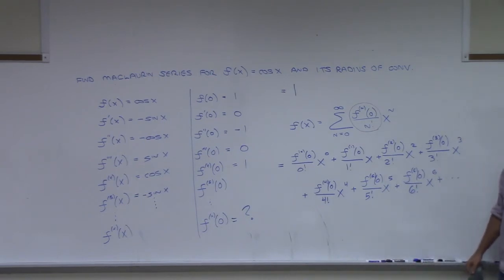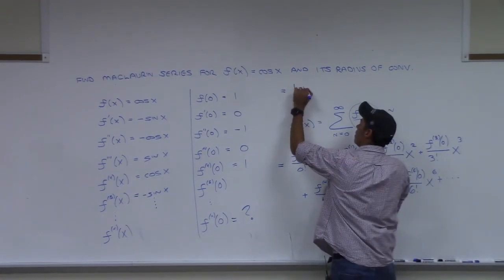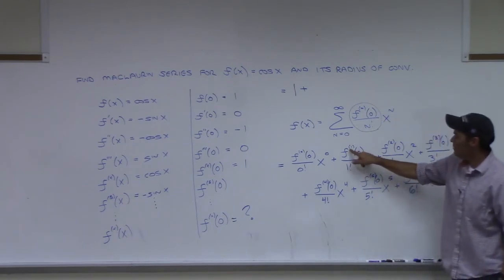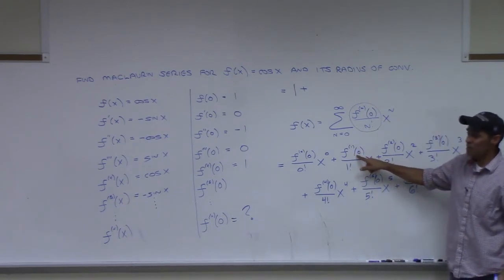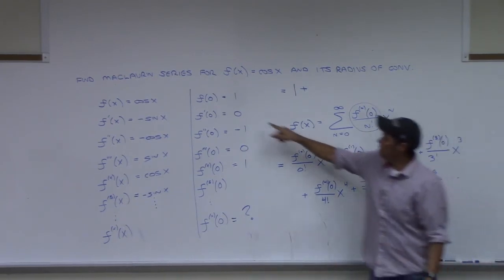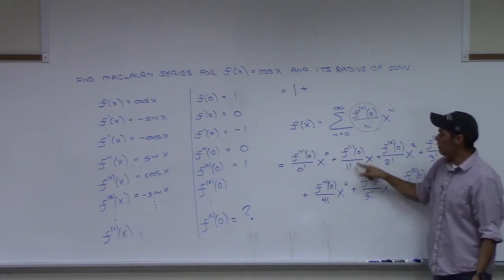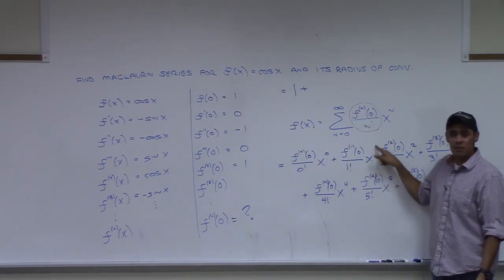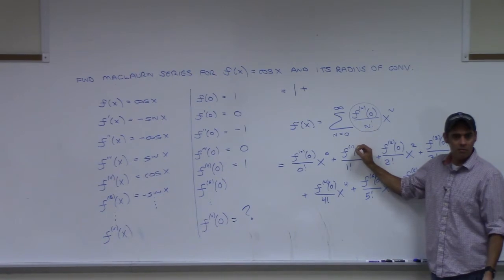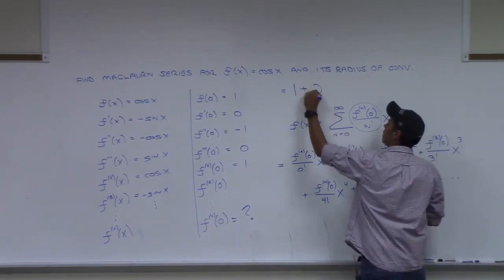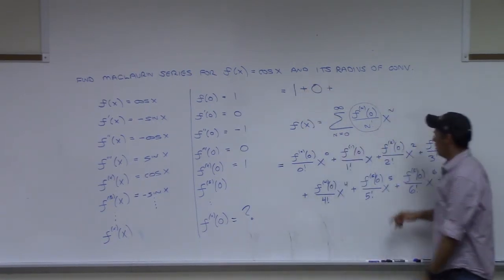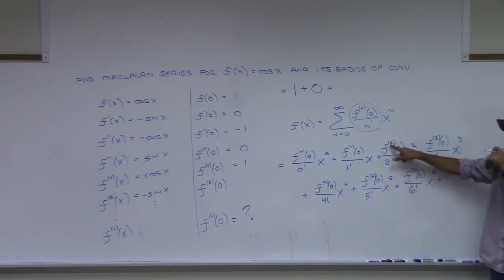Okay, now we move on. Plus, what is the first derivative of the function at 0? 0, right? That's right here. 0 over 1 factorial times x to the first power. 0. Okay, plus this one. What's the second derivative of the function at 0?